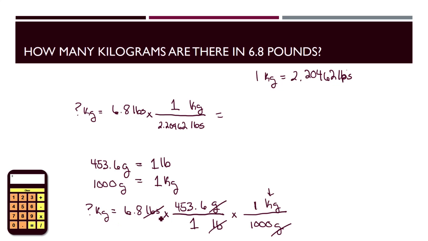How many kilograms are equal to 6.8 pounds? So in this way of doing it, I'm taking 6.8 and dividing by 2.2. In this way of doing it, I'm taking 6.8, multiplying it by 453, and then dividing by 1,000. Either way should give me the same answer. Well, let's prove that to ourselves.